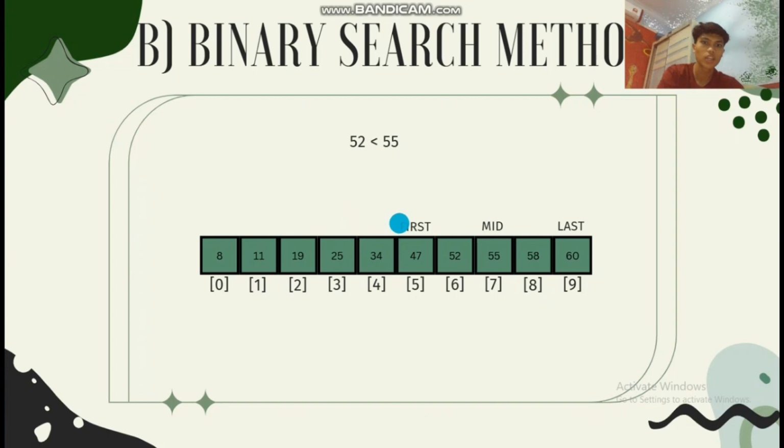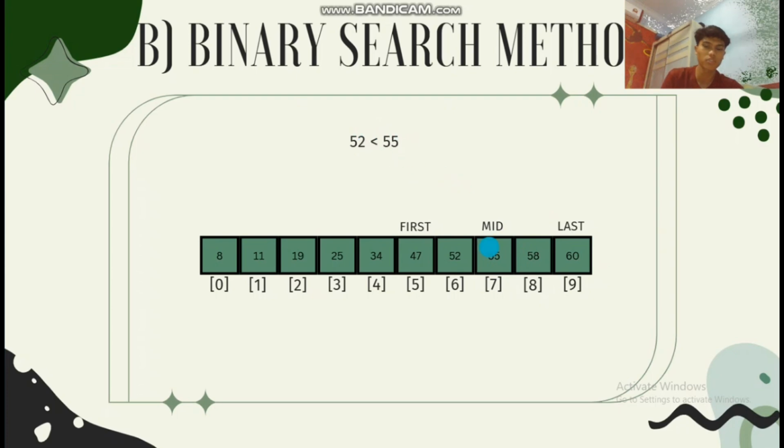If it is more than, we focus here. Here we find the mid is 55, the first is 47, and the last is 60. So 52 is less than 55.